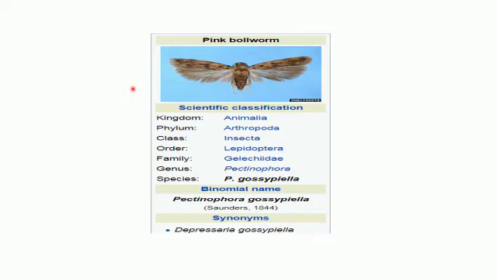They chew through the cotton lint, that is the fibers, to feed on the seeds. Since cotton is used both as a fiber as well as for seed oil, the damage is twofold. But now with the Bt varieties, that is transgenic Bt cotton that is available, this damage has been restricted.